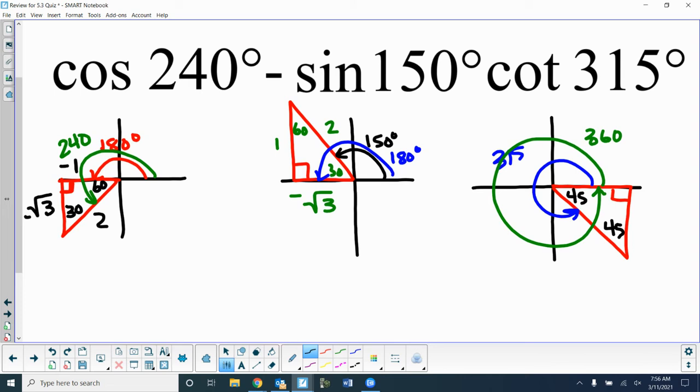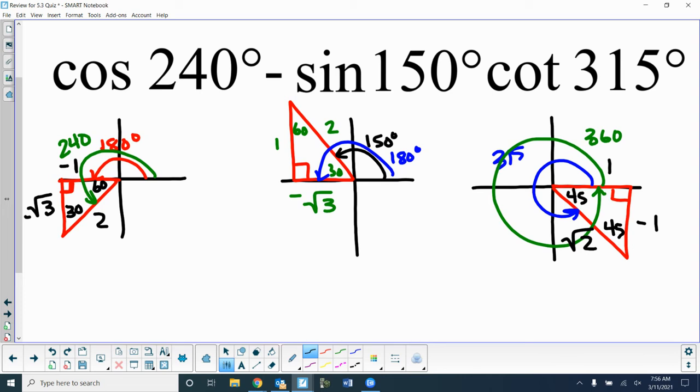The legs for 45s are 1. That's a positive 1 because you're on the positive x-axis. This is a negative 1 because you're going down. The y's are negative down there. And then my hypotenuse is positive, but it's the square root of 2 on a 45-45. You're supposed to memorize those two triangles. I want to see those pictures tomorrow.